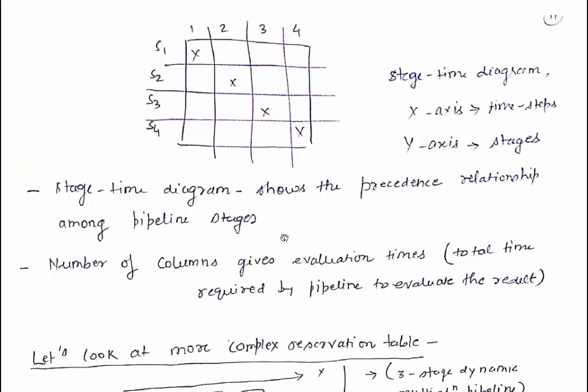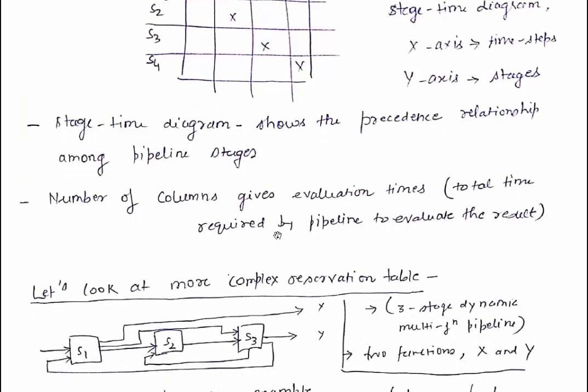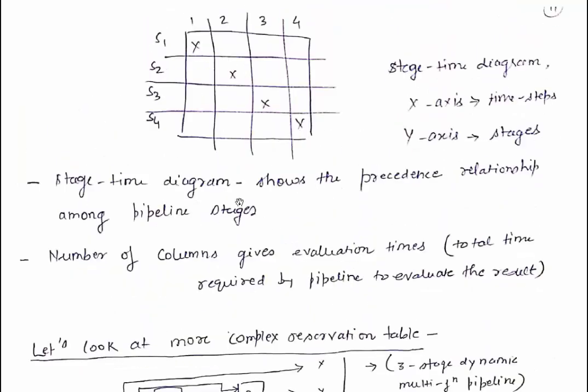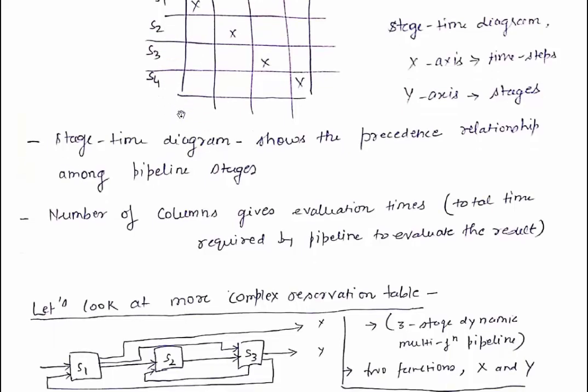The number of columns gives your total evaluation time. Here with 1, 2, 3, 4, your total evaluation time would be 4 units. Here you are also able to get the total number of stages for a linear pipeline. If you have a non-linear pipeline, these stages may repeat.